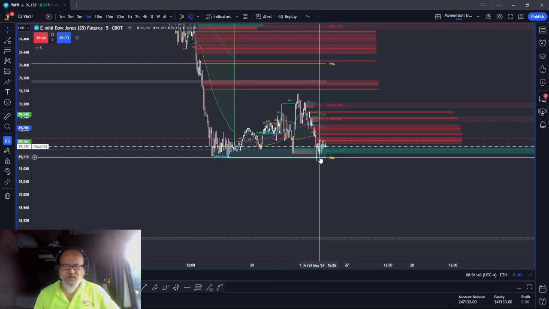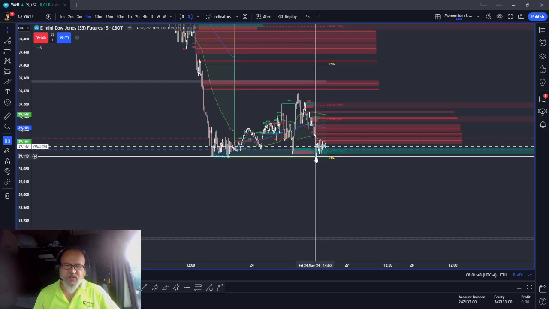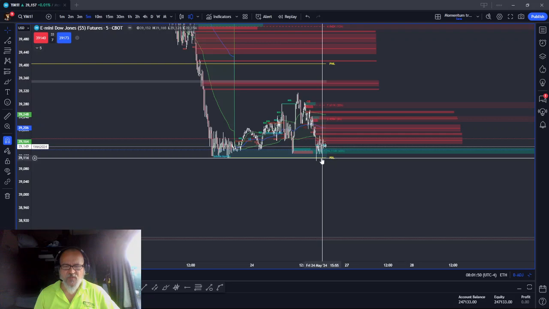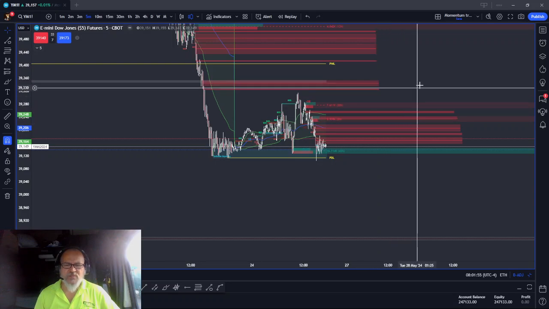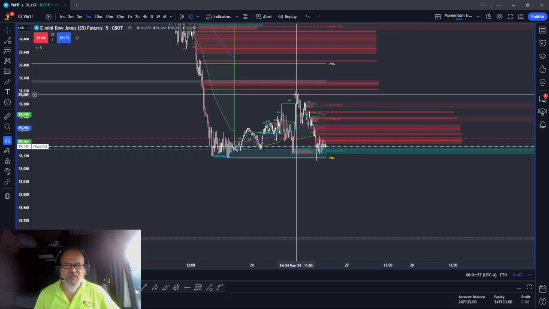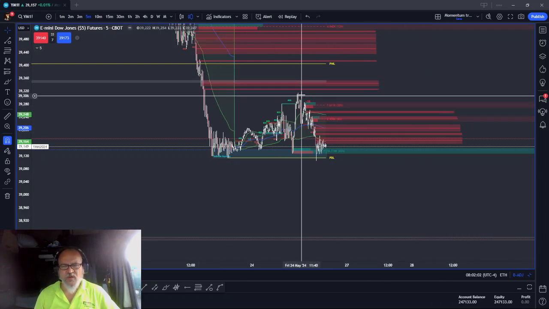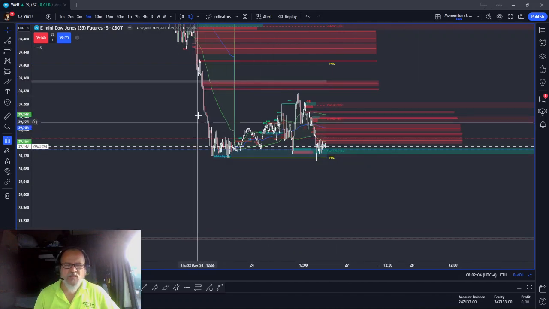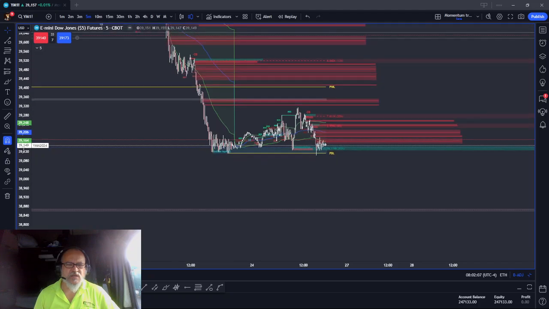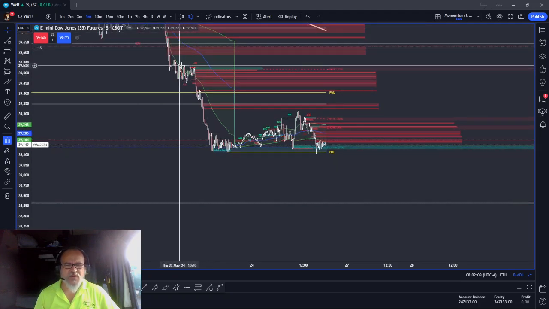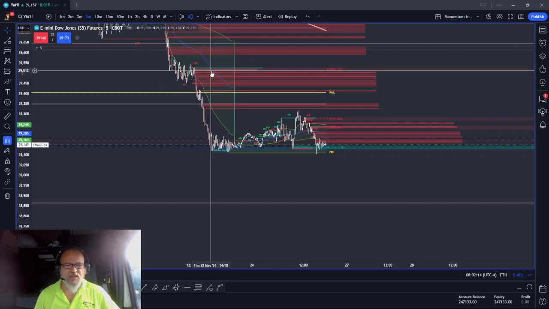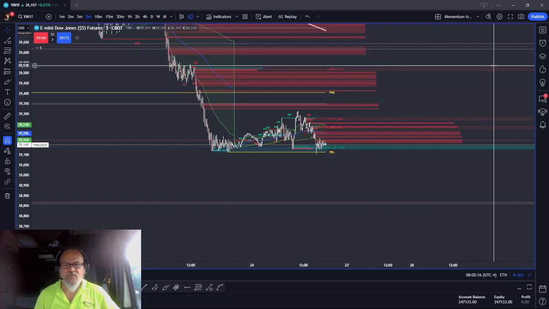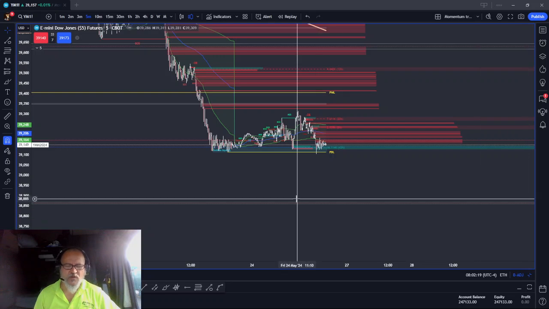We failed to have displacement when it broke that level, which tells me that this is probably going to move back up a bit, maybe just to target this high here before rolling back over, or even possibly coming up to grab this liquidity, which is really nice liquidity from this consolidation, and come grab that before rolling over.